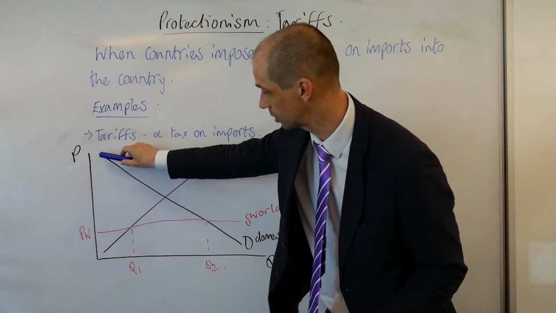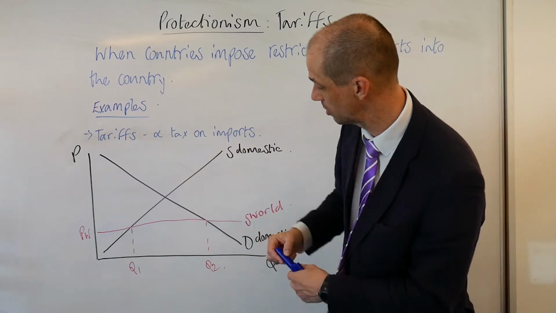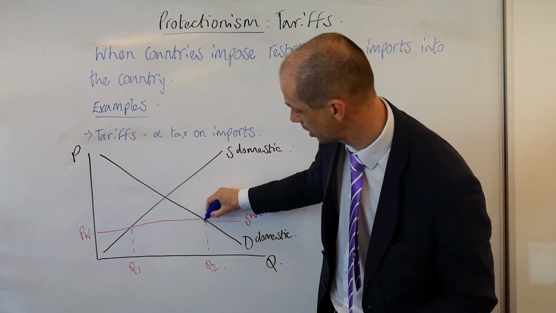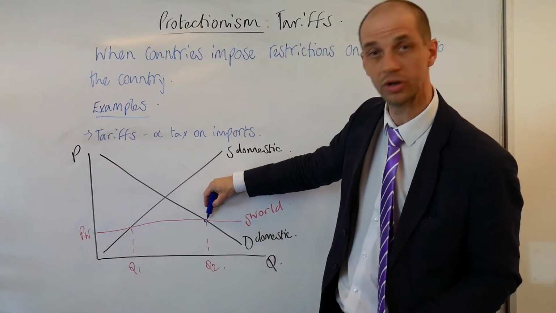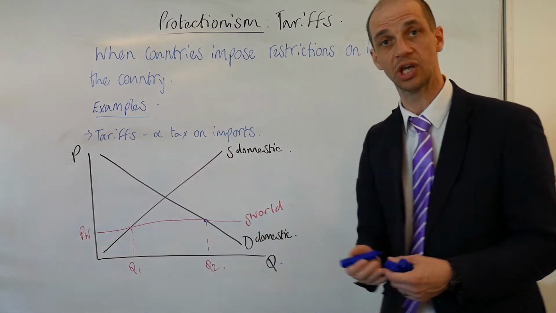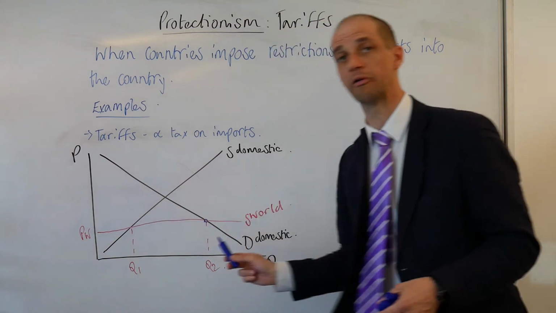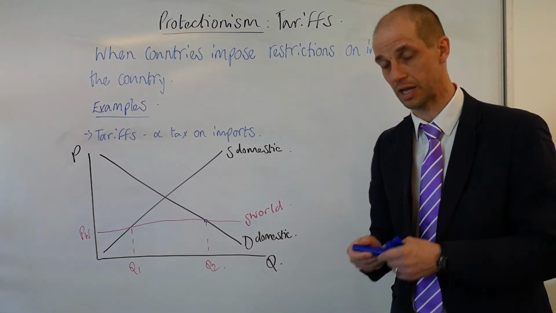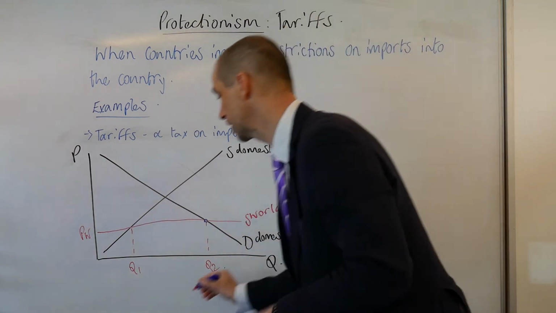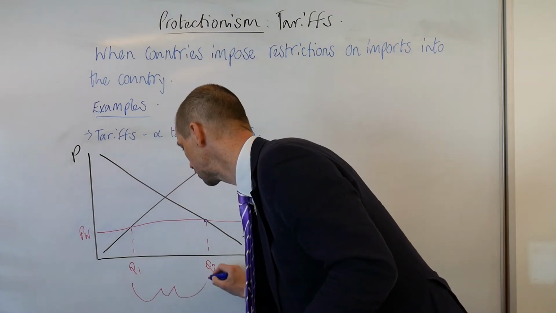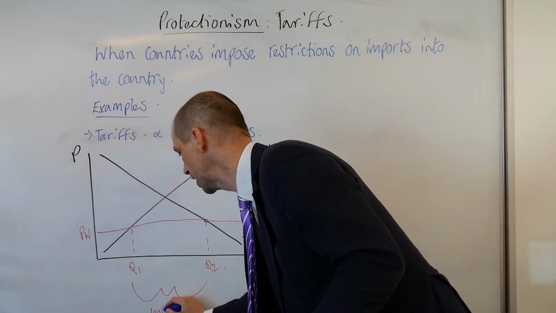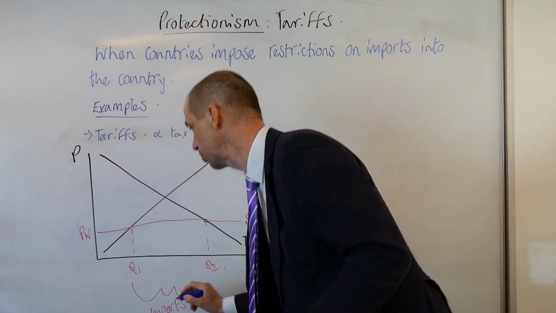A big increase in consumer surplus, because the consumer surplus and economic welfare will enable supply to equal demand right out here at Q2. Okay, so as such, we can see that consumer welfare is greatly increased here. And we can see that this here, between Q1 and Q2, is our potential level of imports.